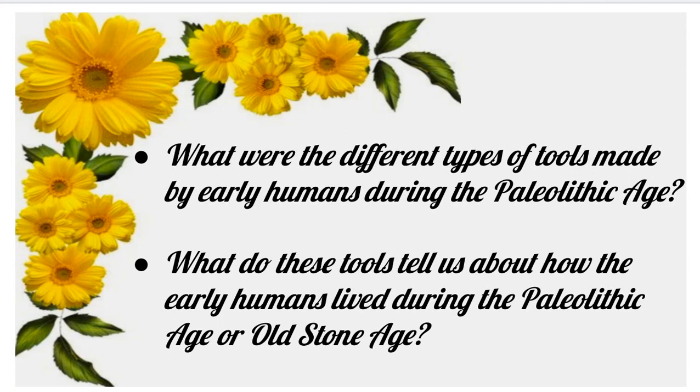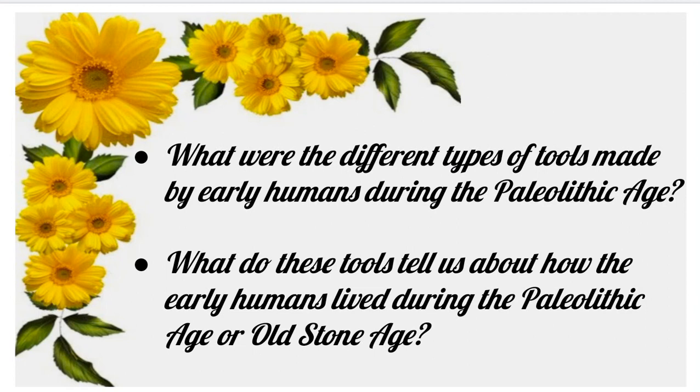Okay, so what do these tools tell us about how the early humans lived during the Paleolithic Age or the Old Stone Age? Yes, all dear students, Paleolithic Age is also known as Old Stone Age.